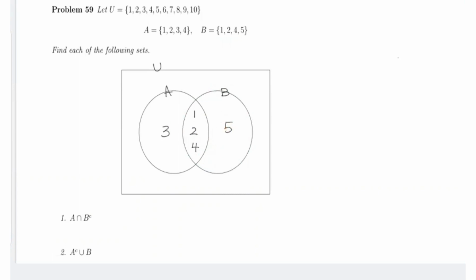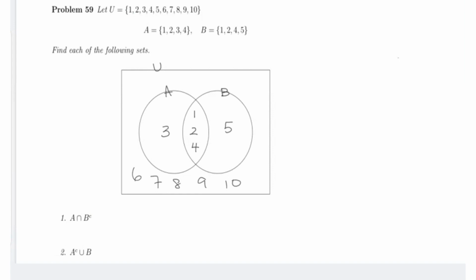We are not done yet, because the universal set has to be determined in here. So set A is here, set B is here, and other than these members, 1, 2, 3, 4, 5 is here, 6, 7, 8, 9, 10 is missing. So you put those outside of that. Okay. Any question how to construct a Venn diagram?